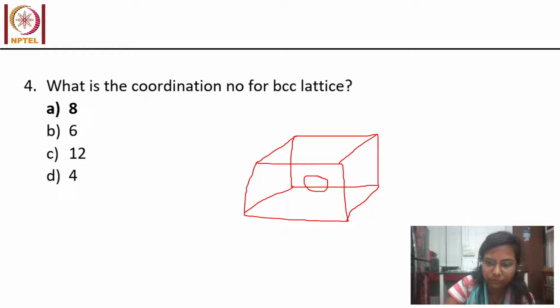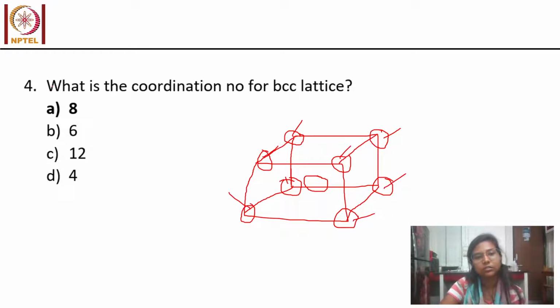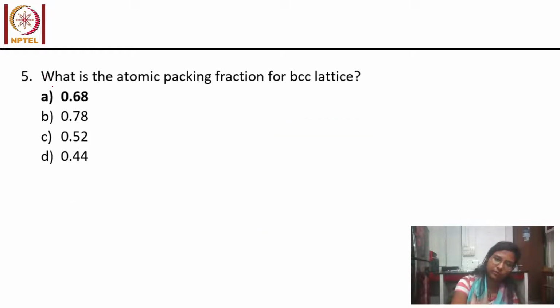So if we just consider here, how many atoms is it linked to? We have one here, one here, one here, one here, one at the back, one at the front, the back. So we have 1, 2, 3, 4, 5, 6, 7, 8. The answer is simply 8. So I hope all of you have answered this.